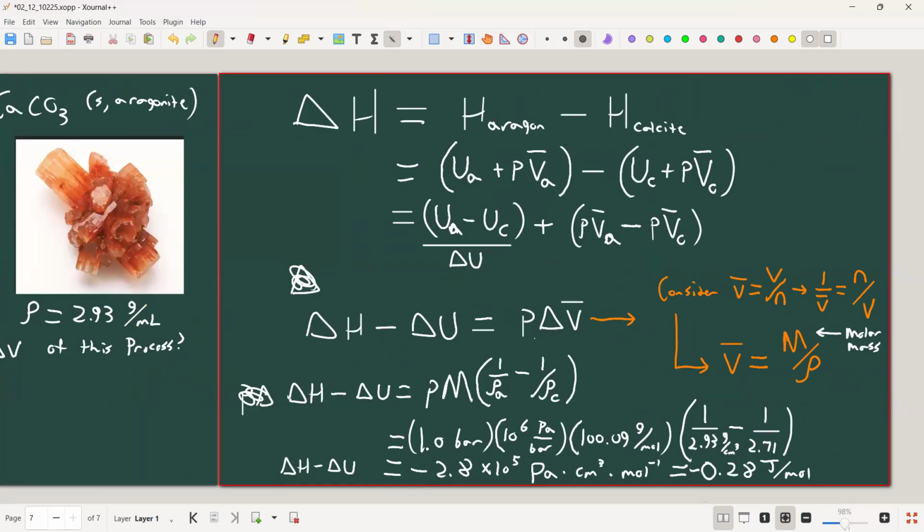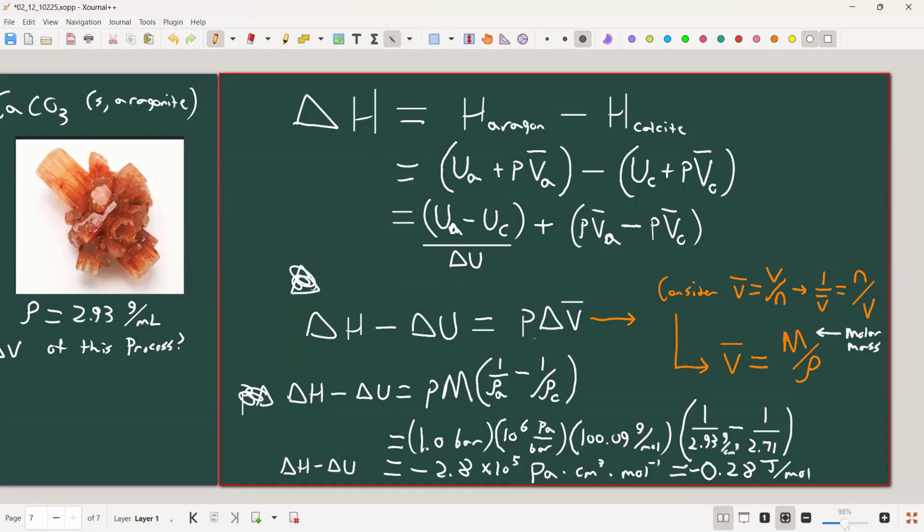So when it comes to condensed phase chemistry, things that don't compress or expand very much, that are very hard, or like liquids where they're just kind of incompressible, PV work does not matter. It's a minuscule amount of energy. It's something like, what is that, 0.28 out of 200? Yeah, that's a factor of 1,000, right? 0.1% of the energy is used to compress the atoms into the new shape.